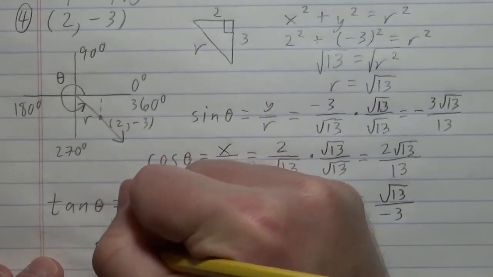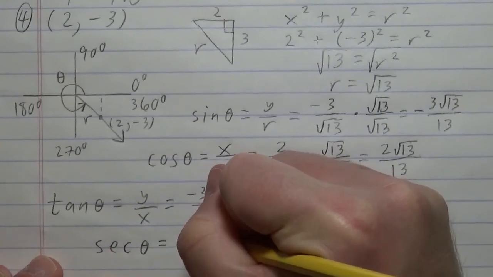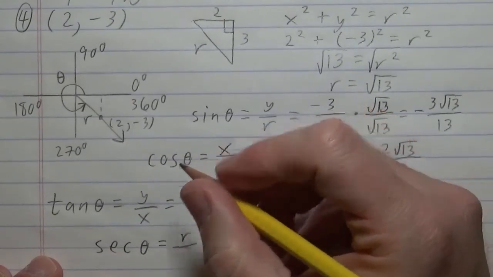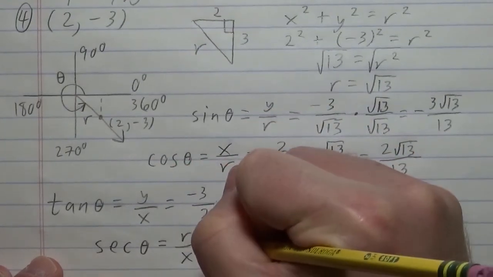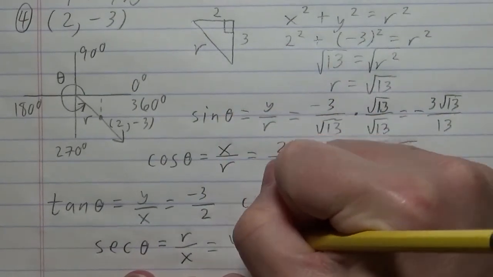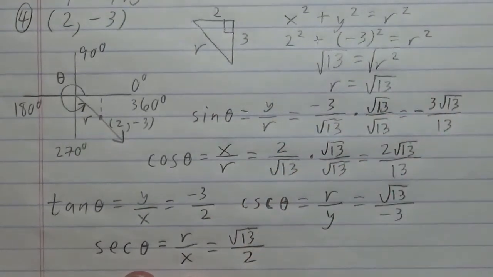The secant ratio is going to be the r distance over the x coordinate. It's easy to mix up x and y. But secant is the reciprocal of cosine. Cosine involves x. Secant involves x. Our distance is root 13. The x-coordinate is 2. And that's it.